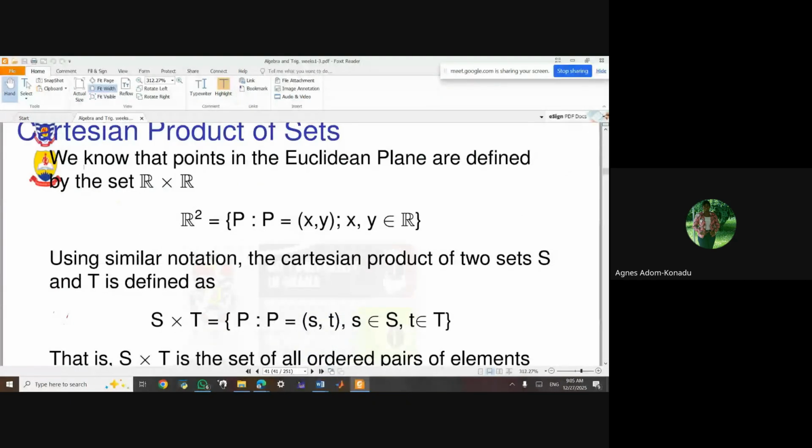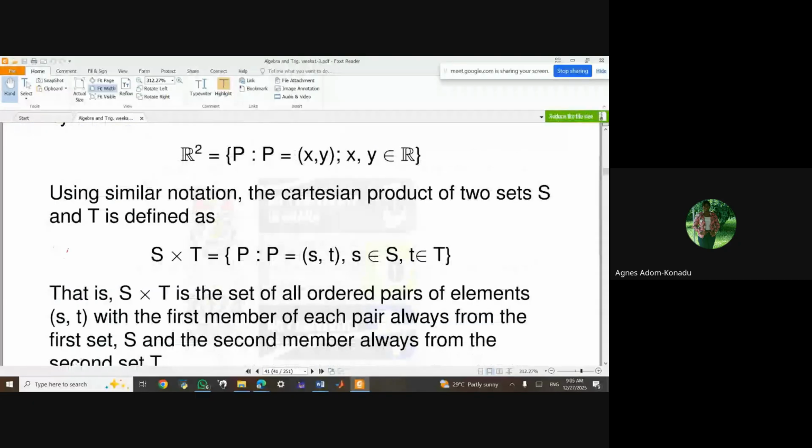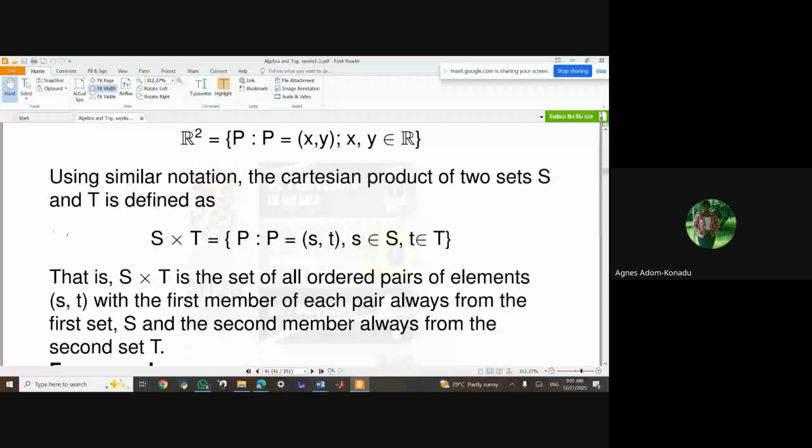Using similar notation, the Cartesian product of two sets S and T is defined as S cross T is equal to p such that p is equal to s comma t, where small s is in big S and small t is in big T. That is, S cross T is the set of all ordered pairs. Please pay attention to the order.